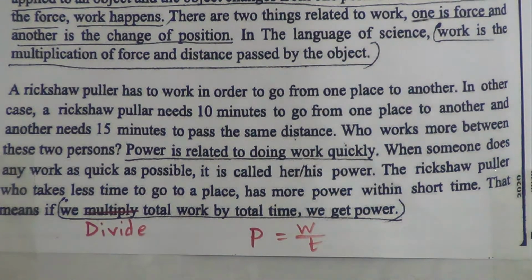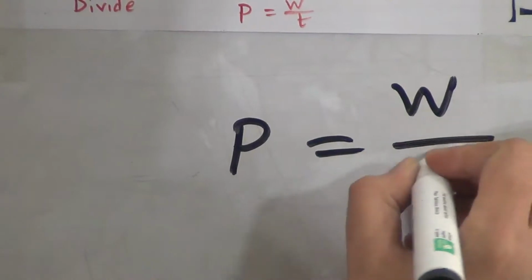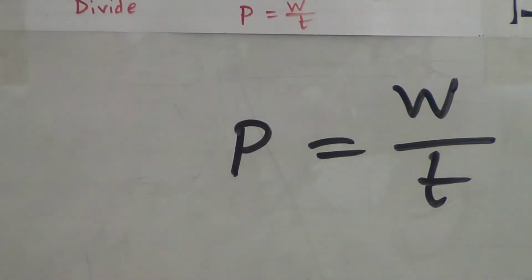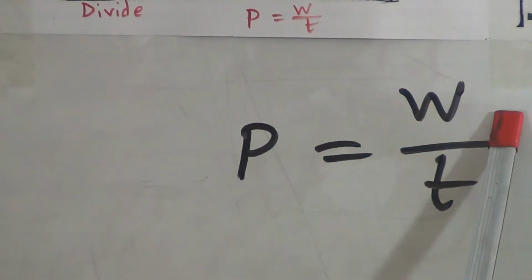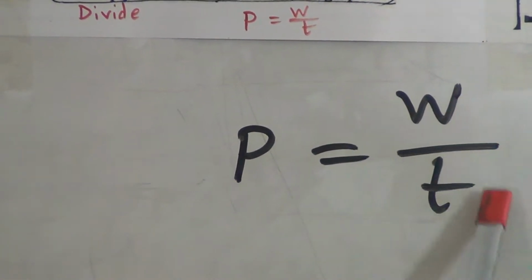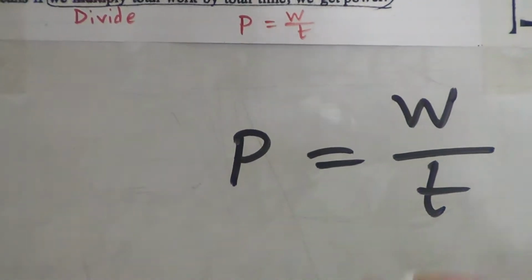Here is the power formula: if P is power, then P equals W by T, where W is work and T is time. If we place the work value and the T value here, then we will get power.